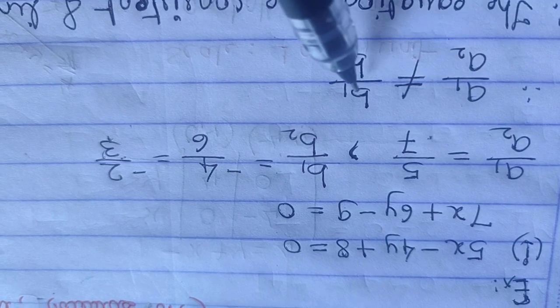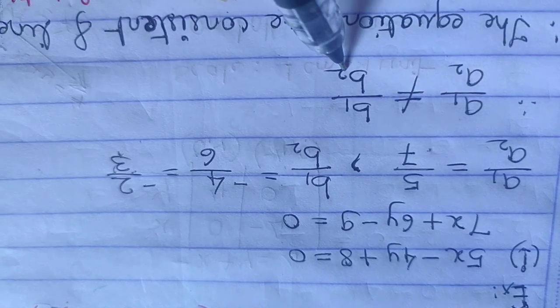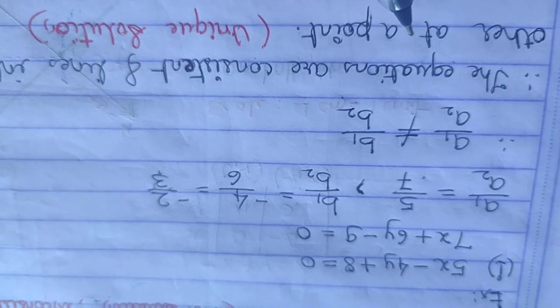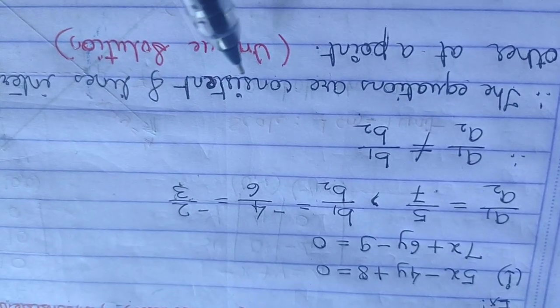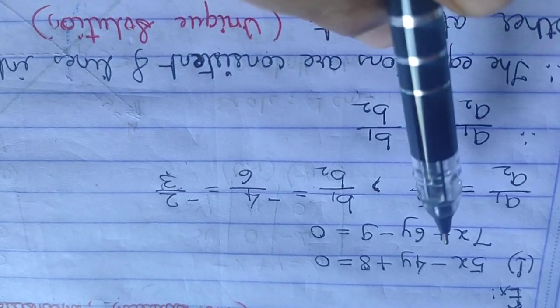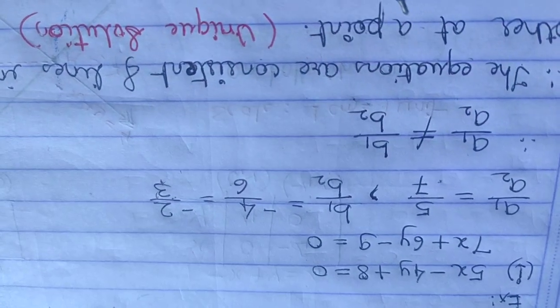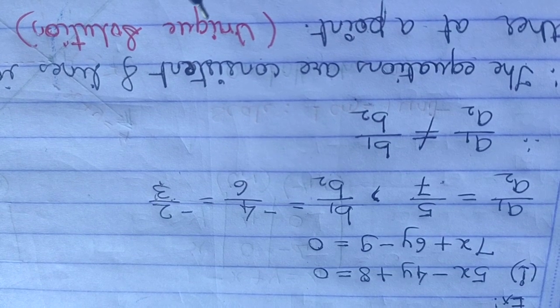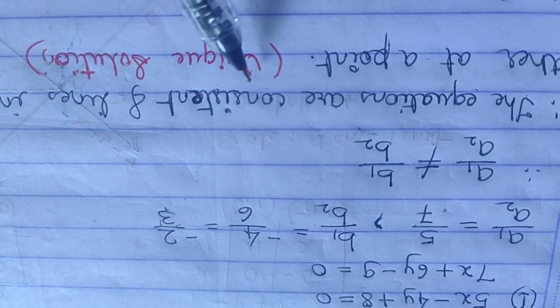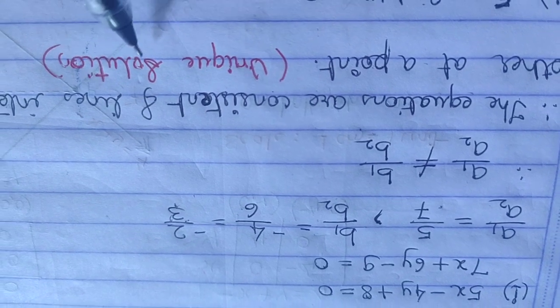Hence the lines intersect each other in one point. They are intersecting lines, hence we get the unique solution. So without drawing the graph, we can say that the lines intersect each other and we get a unique solution, and the equations are said to be consistent equations.